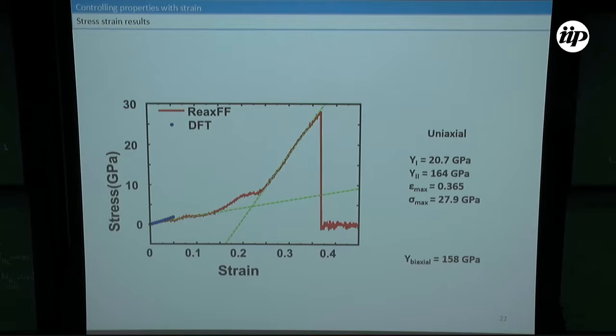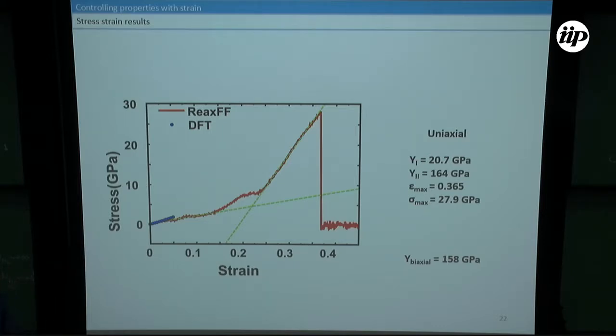So the results that we get: in this first part, the Young modulus is quite low, 20 gigapascal, for a 2D material at least. On the second part, it's much higher, 164 gigapascal, which is actually pretty close to what they found using biaxial strain.